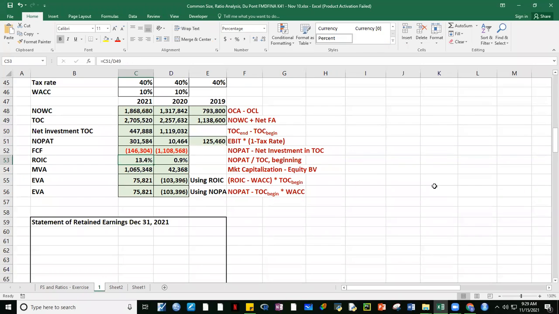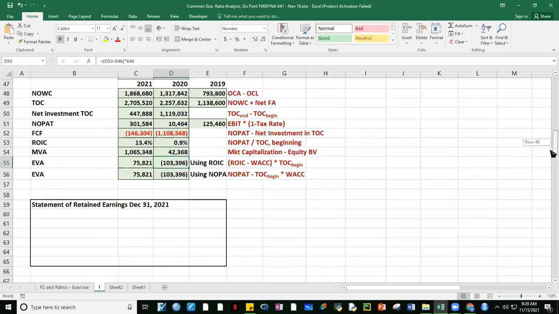ROIC was 13.4%, higher than the 10% benchmark rate of weighted average cost of capital. But in 2020, it was just 0.9%. So we say that value was destroyed in 2020, and that's shown by the EVA. The economic value added in 2021 was positive 75,821, but in 2020 it was negative 103,396.